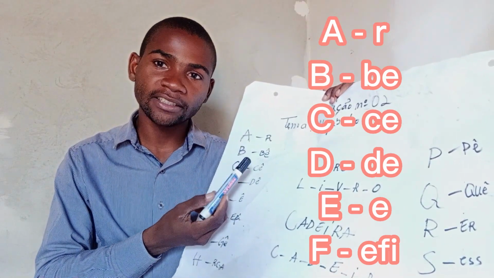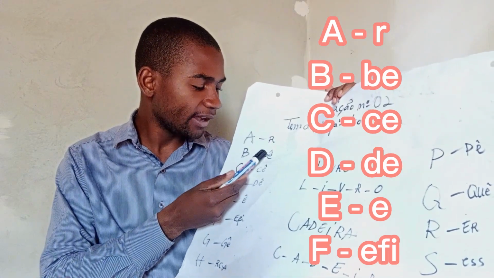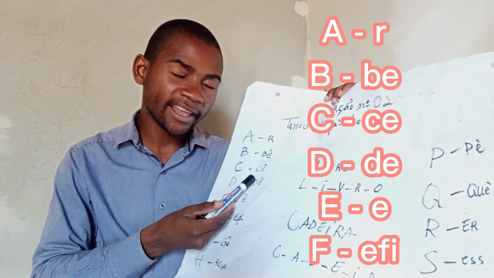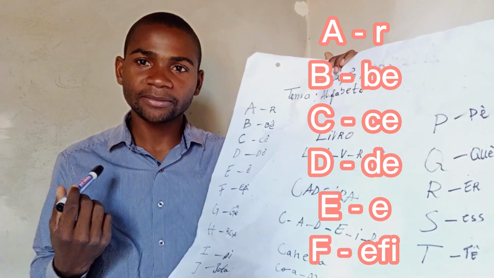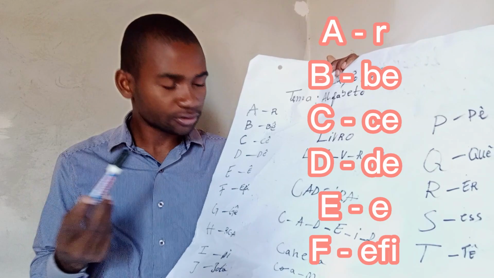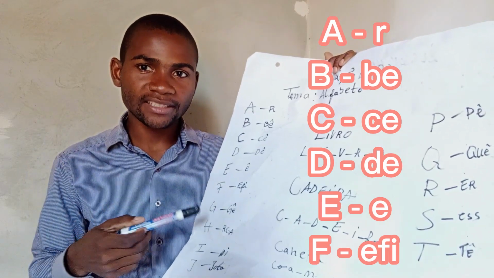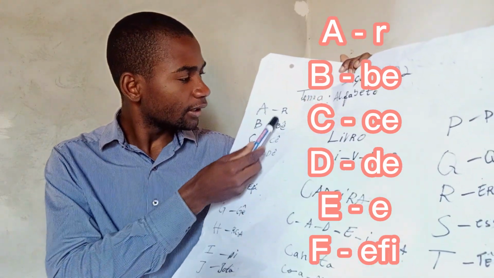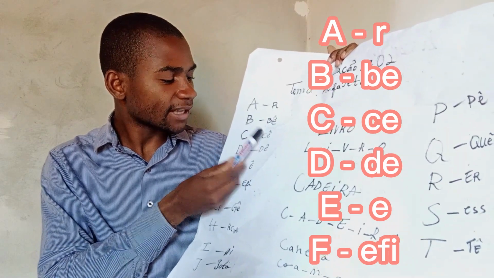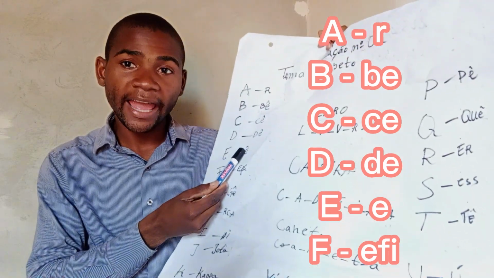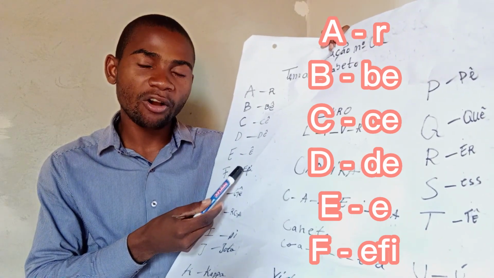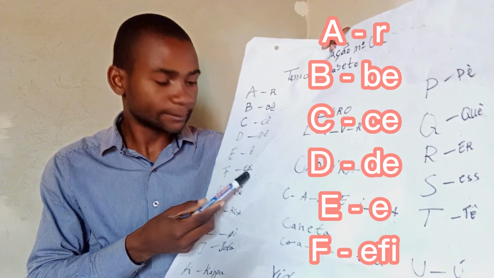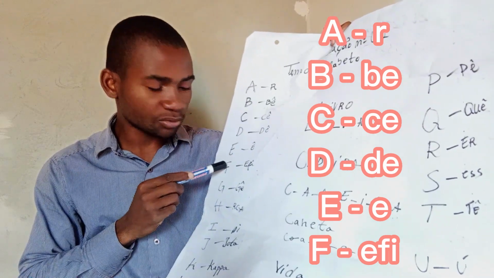So it is like this: A, B, C, D. This one too we spoke about in the last lesson. Okay. A, B, C, D, E, F. This one, F.